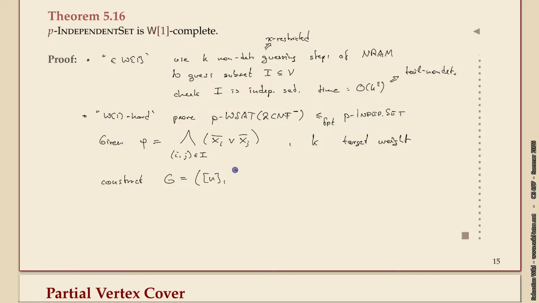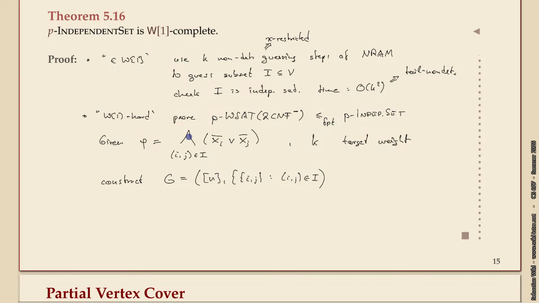And the edge set is the set of all these clauses, if you want. So it's all the combinations where ij is in this set I. When I say you're given the formula, you could essentially just write down this set of pairs, right? That fully specifies the formula. And so we take that formula and we make every clause an edge.